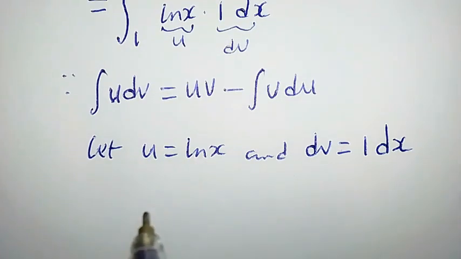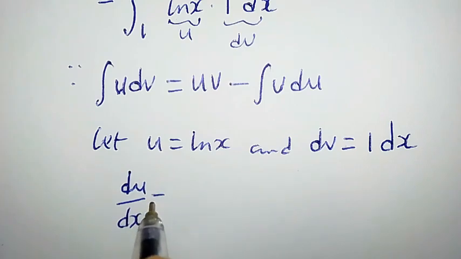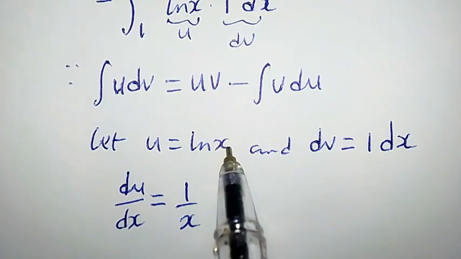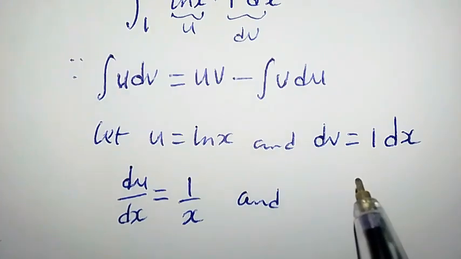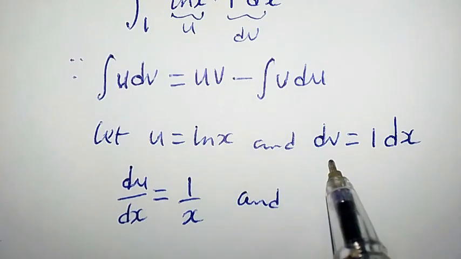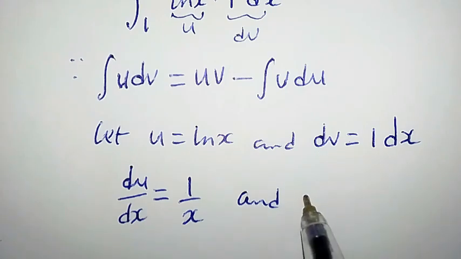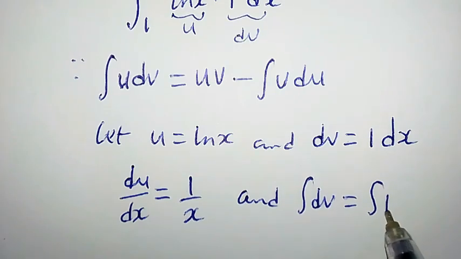Differentiating both sides with respect to x, we have du dx equal to 1 over x. Whenever we differentiate ln x, we have 1 over x. And our goal for this guy is to obtain v. Let's simply integrate. So we have the integral of dv equal to the integral of 1 dx.